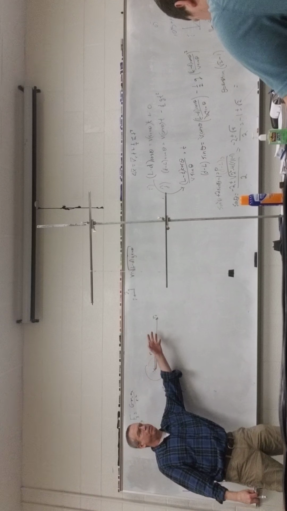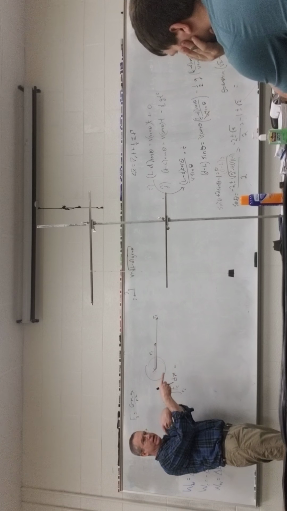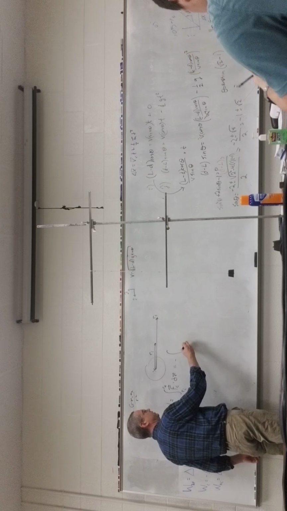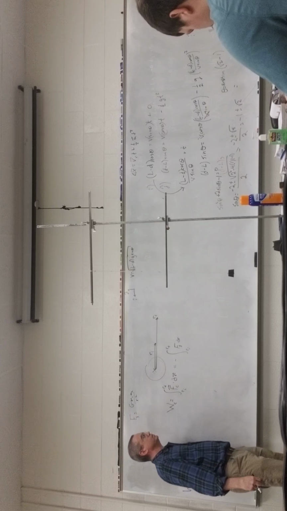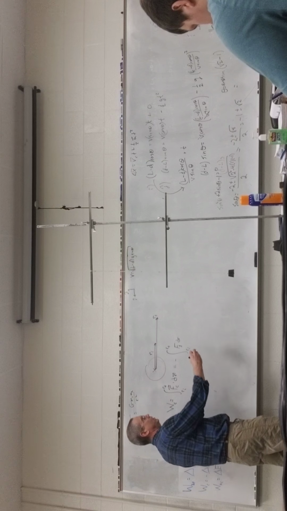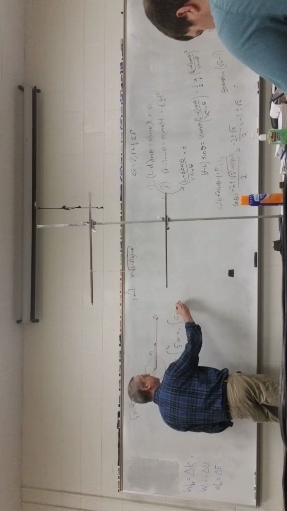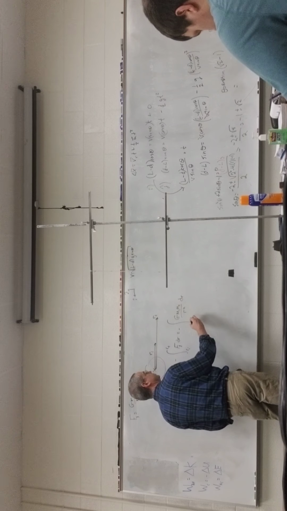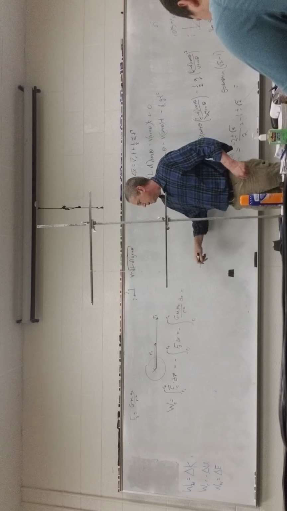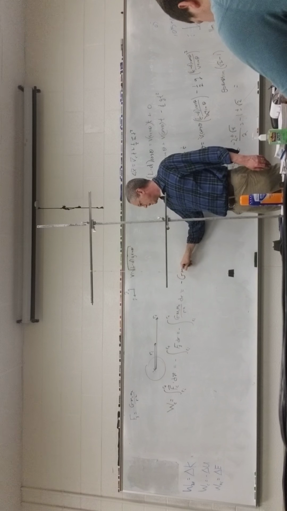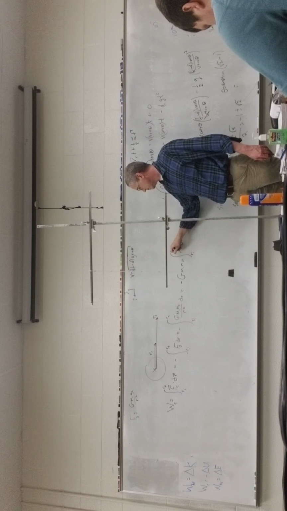It is moving away from the planet, but the force due to gravity is towards the planet, and so we can simplify the dot product, since they are anti-parallel, to be negative integral from r initial to r final of the force due to gravity dr. That's equal to the negative integral of big G, mass of object 1, mass of object 2 over r squared dr. We can take the constants out front, so I got negative big G, mass 1, mass 2 times the integral of r to the negative 2 dr from r initial to r final.